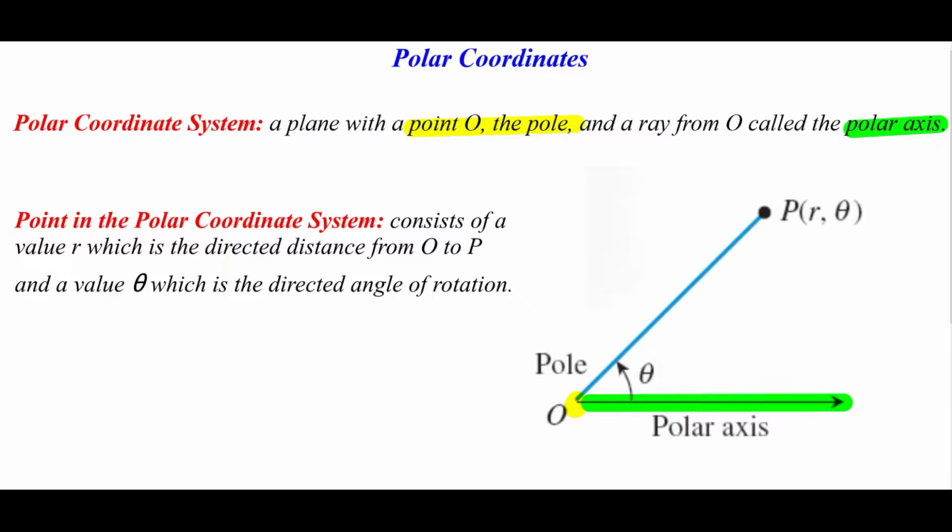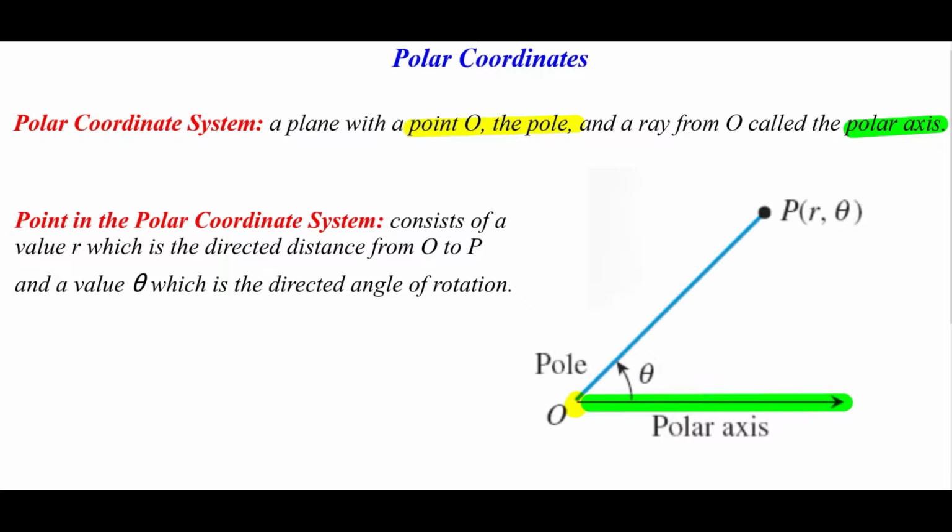So when we plot a point in the polar coordinate system, it consists of an r value, which is the distance from the pole O to your given point P, and it has a value theta, which is the directed angle of rotation.